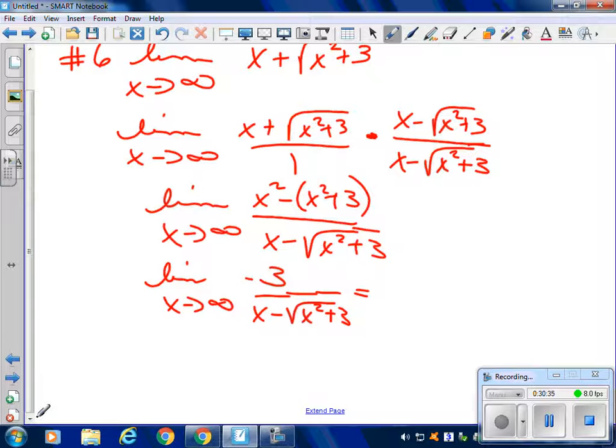Now, this is a number over an expression, so we might need to think about what does this expression do as I put bigger and bigger numbers in. It might have been easier to do this with negative infinity.